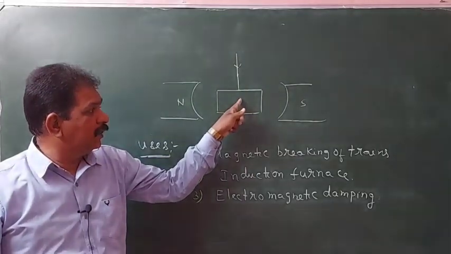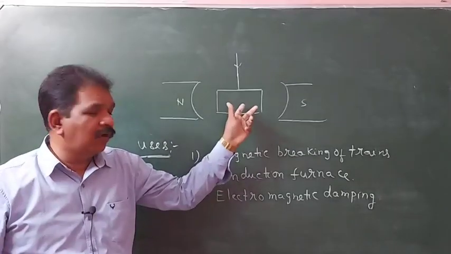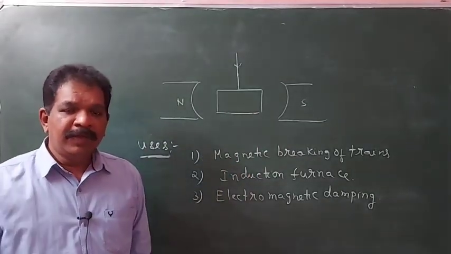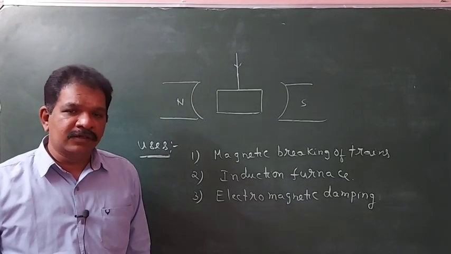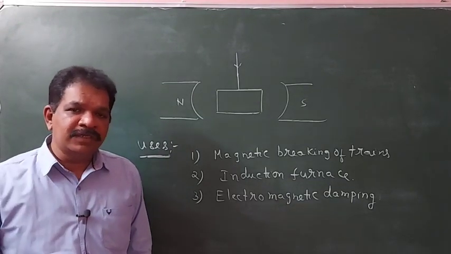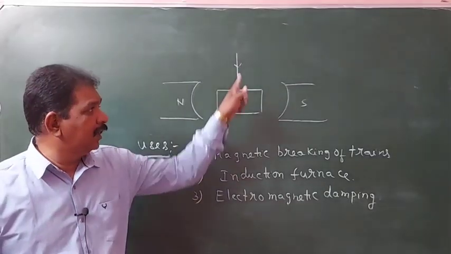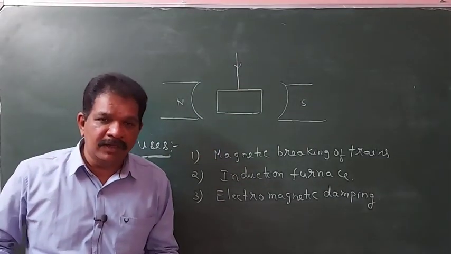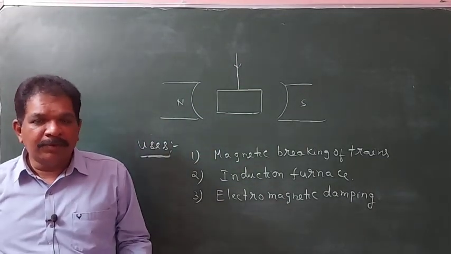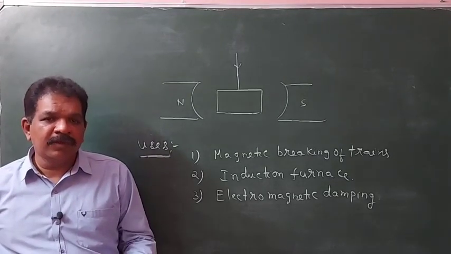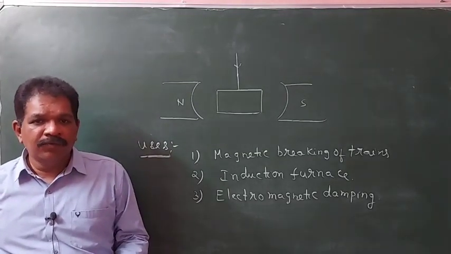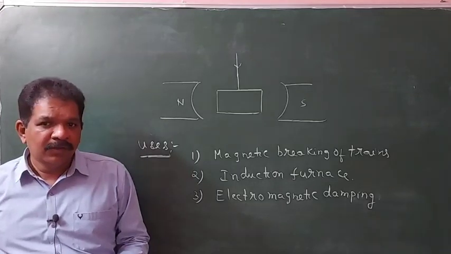Based on that deflection, we will find how much current has entered into the coil. We can calculate I proportional to theta. That is the concept of moving coil galvanometer.